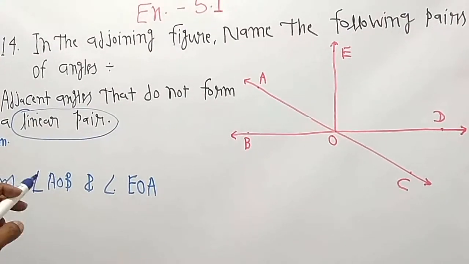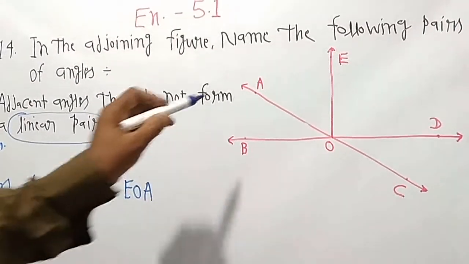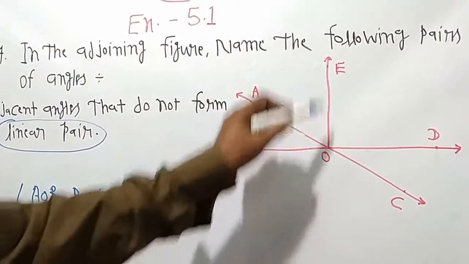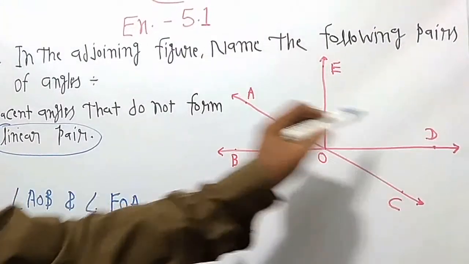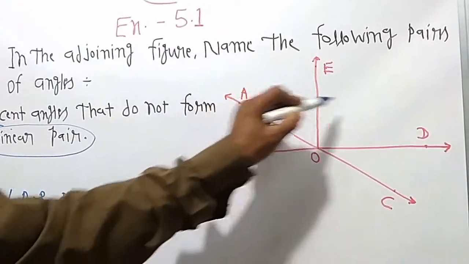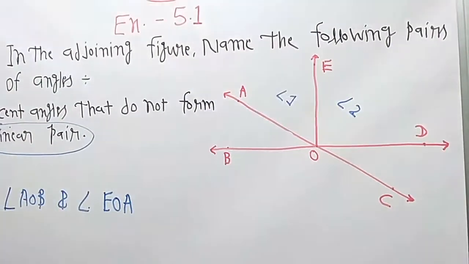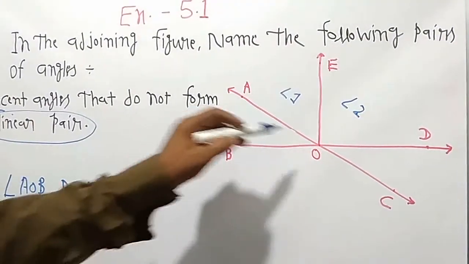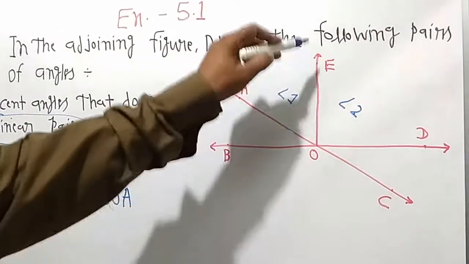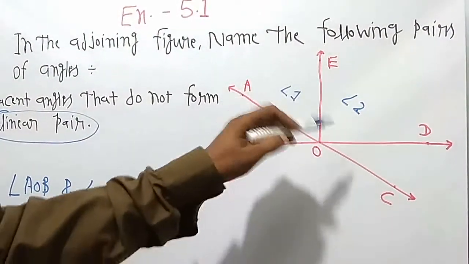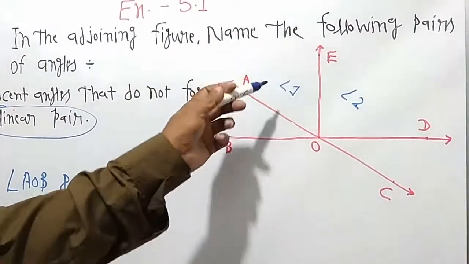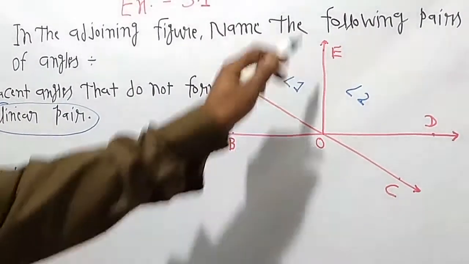Now the second pair we are searching for in this figure is AOE and EOD. Suppose this is our angle 1 and this is our angle 2. Again, this is the common vertex, this is the common arm, and these two rays are the non-common arms, situated on either side of this common arm.